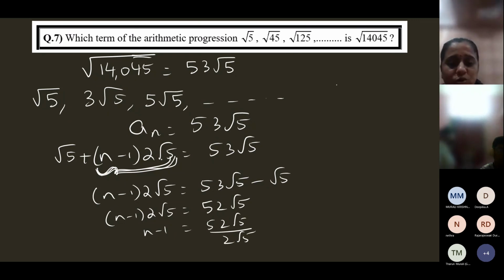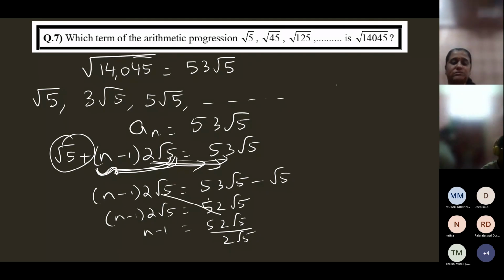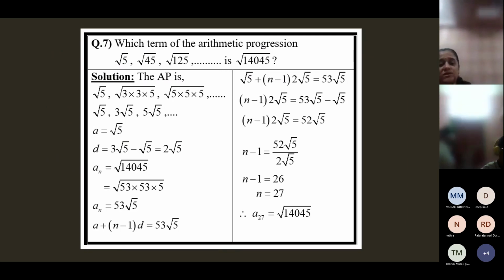You cannot bring 2 root 5 for division here. You have to first transpose this and then this. If you brought this down for division, you're wrong. Yeah, see the answer?